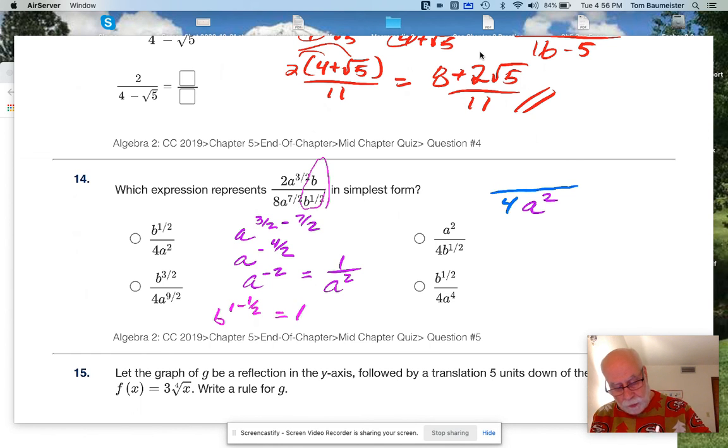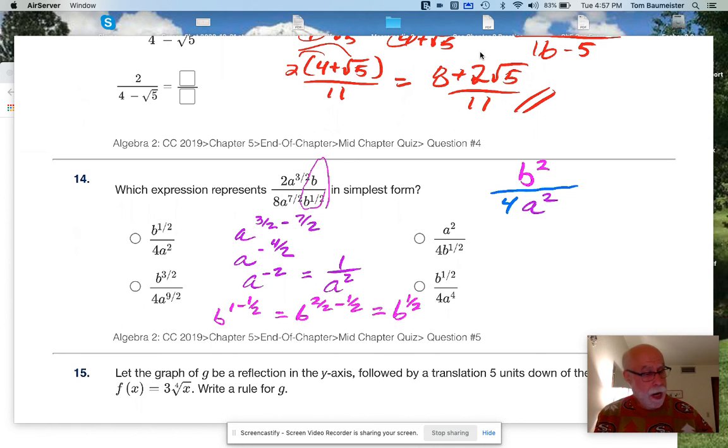But now remember, that's going to be b raised to the 2 over 2 minus 1/2. And 2 halves minus 1/2 is 1/2. Since that was positive on top, we're going to leave that up there. And that would make our b to the 1/2. I had that correct, so that would make it be this one here.